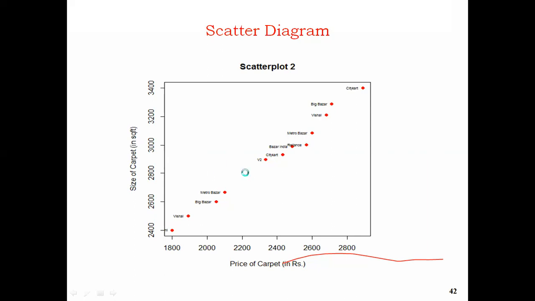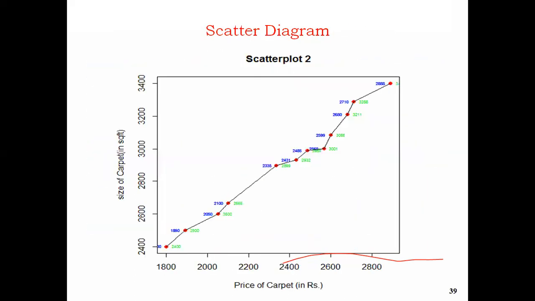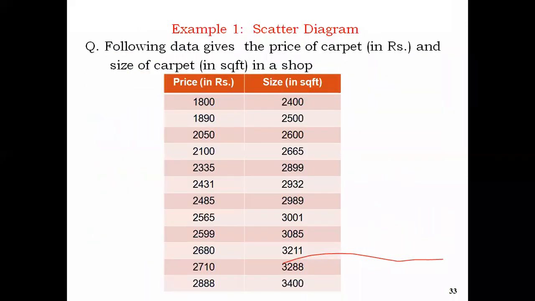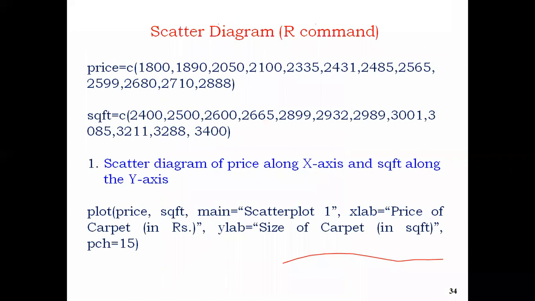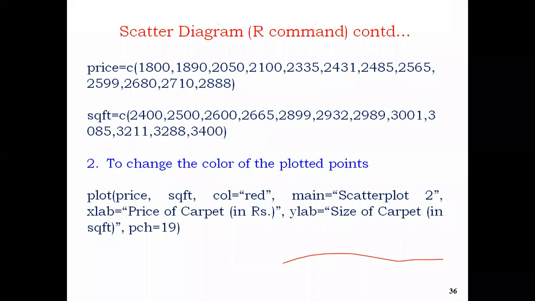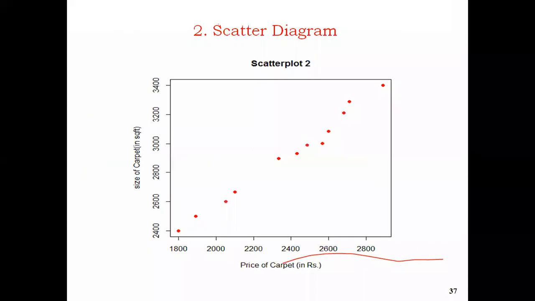Okay, so what we have done in our scatter plot: in the first example, we drew only the plot with the data levels. For the second one, we just changed the color of the dots.